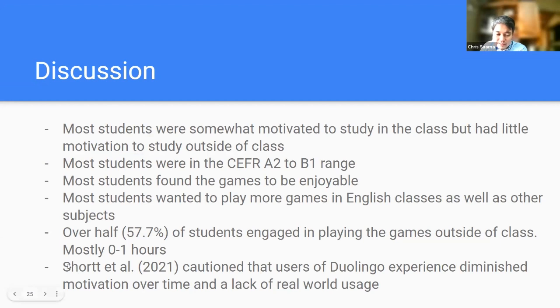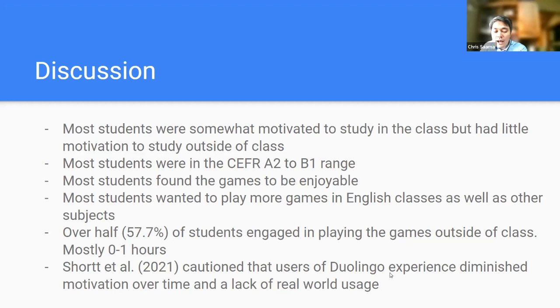One other point that I should bring up is that Short et al. caution that users of Duolingo experience diminished motivation over time and a lack of real-world usage. In Short's study, they had a class of students.